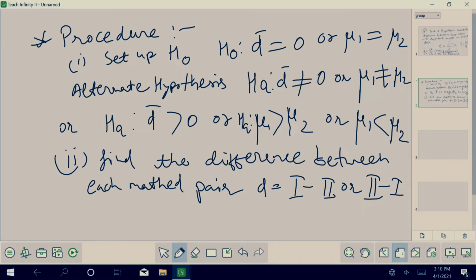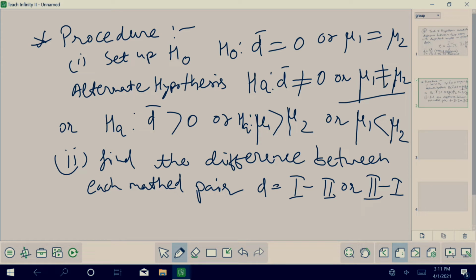After setting the null hypothesis, there is a need for an alternative hypothesis. In the alternative hypothesis, you can set it like this: mean of difference is not equal to 0, or mean of difference is not equal to the given value, or you can write mu1 is not equal to mu2. It is your two-tailed test, right?